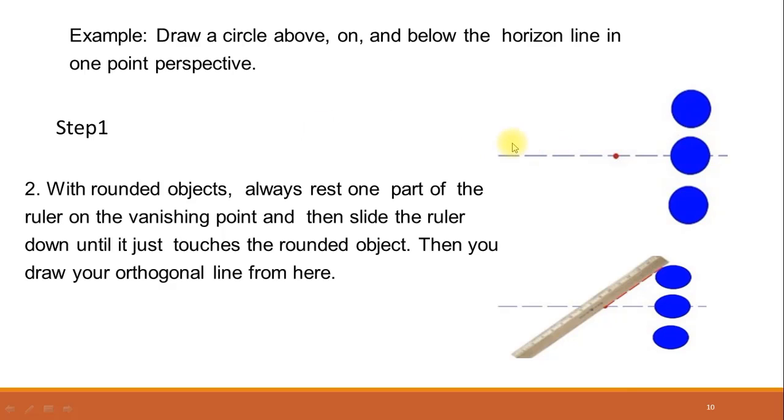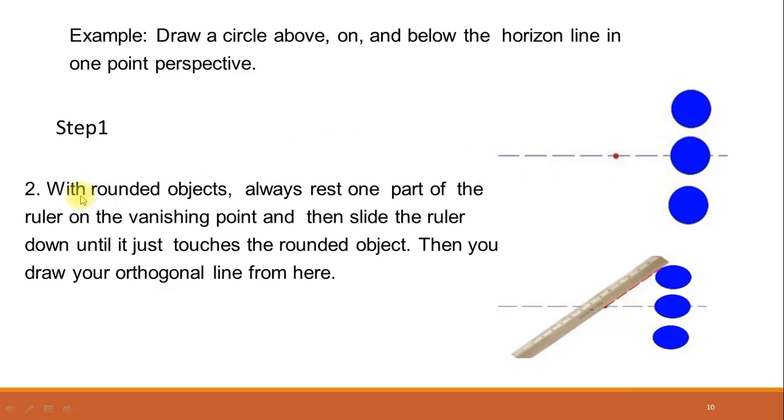First of all, draw a horizontal line on the paper and then mark a point on the horizontal line at the middle of this horizontal line, and then draw 3 circles with the same radius, one above the horizontal line, one on the horizontal line and third below the horizontal line.